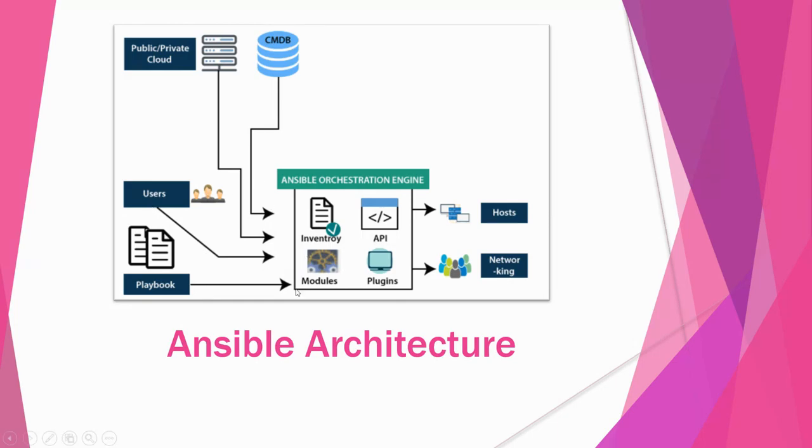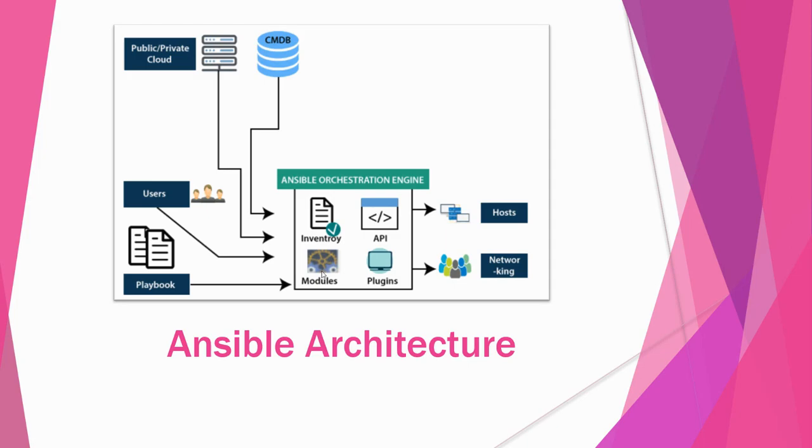Immediately when you run the playbook, it will take the instruction from the inventory, which has all the details of the slave nodes. And if there are many Ansible plugins, it will check for the particular plugins and modules for whatever instruction you have given. Modules means the Ansible playbook internally has many modules.